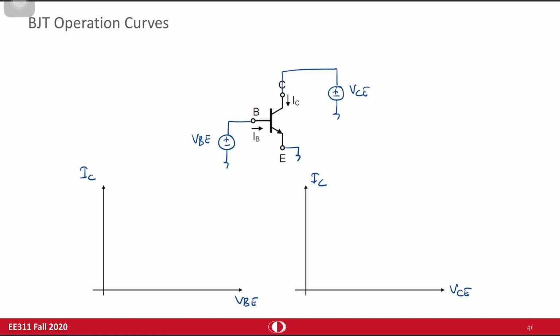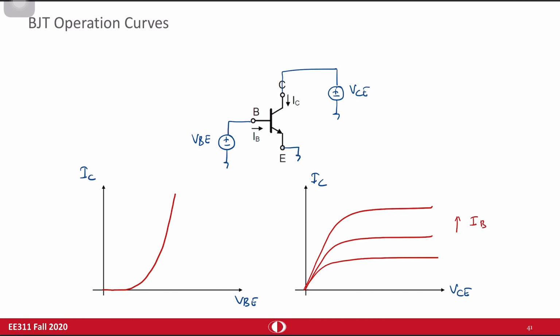IC versus VBE is like the diode characteristic, exactly like the diode characteristic, something like this. IC versus VCE is something like this. So this is as base current is increasing, we have forward active region and saturation region.